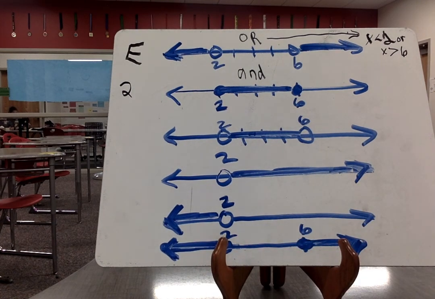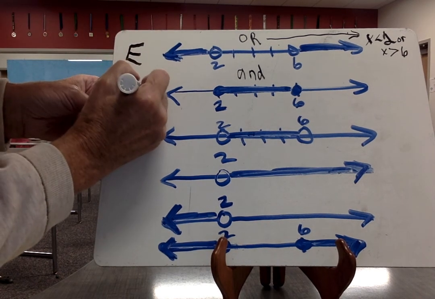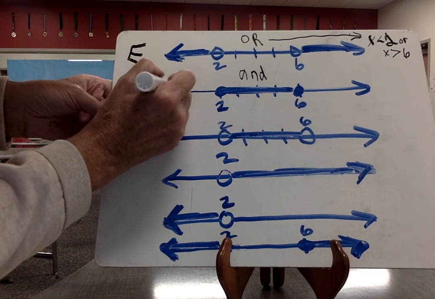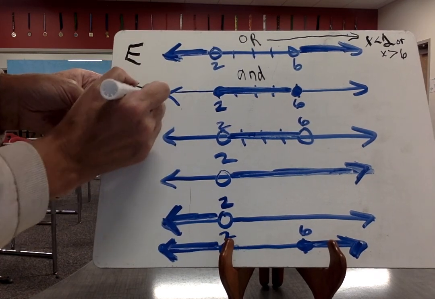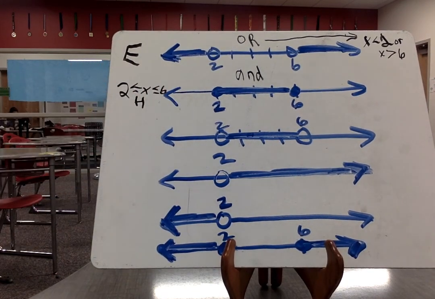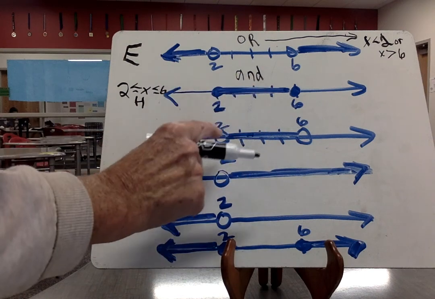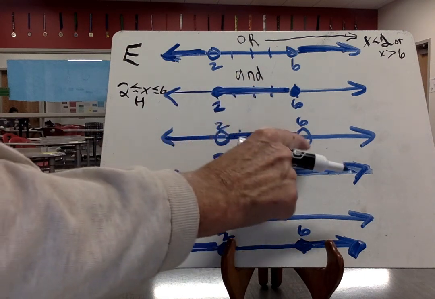So 2 is less than or equal to x, and it's less than or equal to 6. So that would be H. Okay? Then the next one is shaded in between 2 and 6, and it does not include either of these.